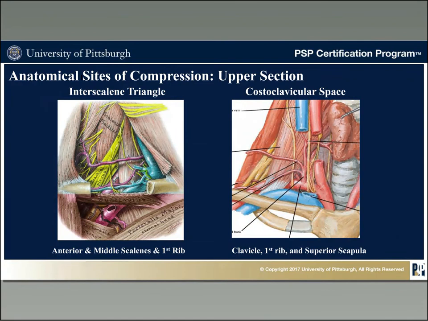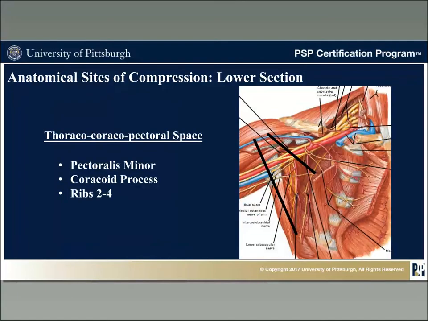In terms of the anatomical sites of compression, in the upper section of this thoracic outlet, there is the interscalene triangle, and there's the costoclavicular space. The anterior and middle scalenes, as well as the first rib, make up the interscalene triangle, whereas the clavicle, first rib, and the superior aspect of the scapula make up the costoclavicular space.